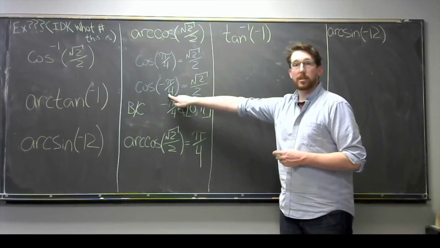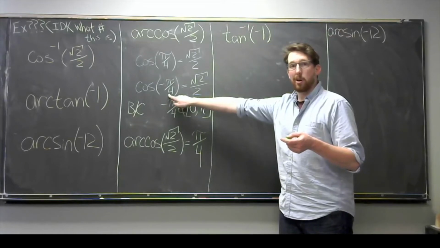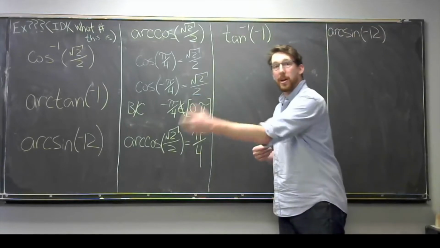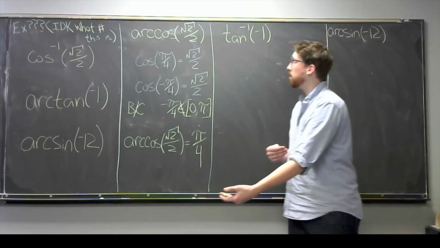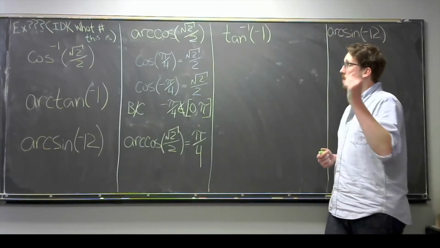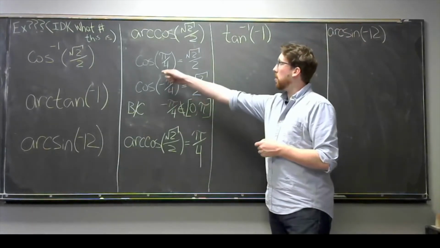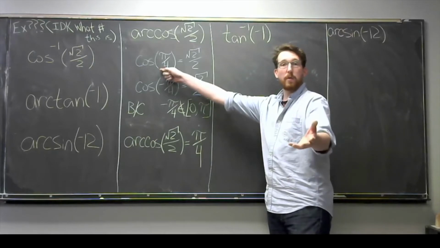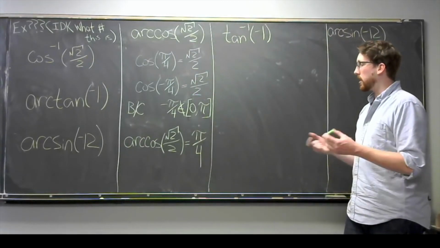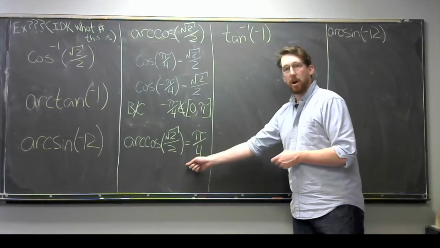One of those choices, negative pi over 4, doesn't fit our circumstance, right? It doesn't fall in our range of arc cosine, so we can eliminate it entirely. And because we can eliminate it, we have only one other choice left, and that's pi over 4. So because we have pi over 4 inside of our range, it must be our answer.